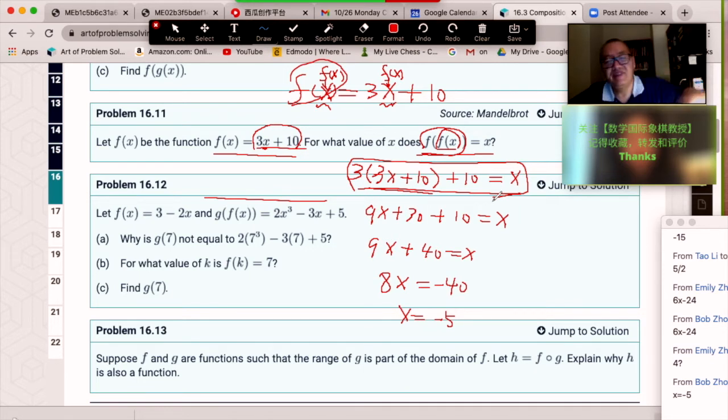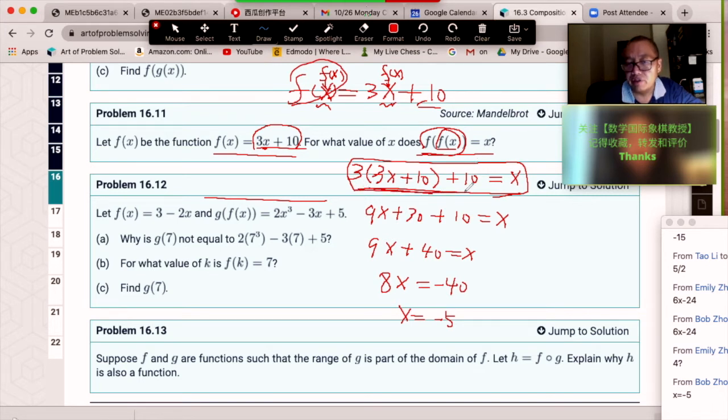I got the 3x plus 10 in parentheses, but I didn't get the 3 on the outside and the 10 on the outside. You need to add 10. Here, using f(x), you can only replace this x; the plus 10 is still there. You need to copy this part down also.